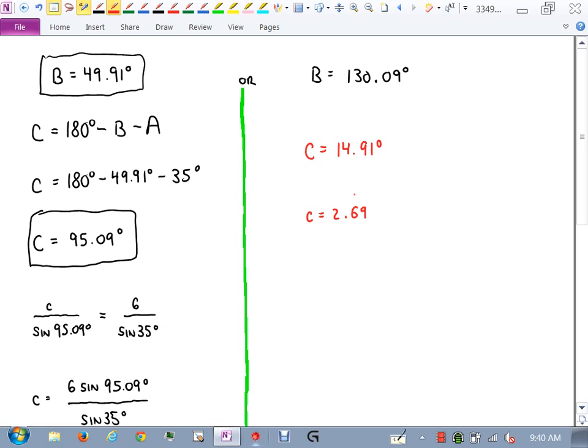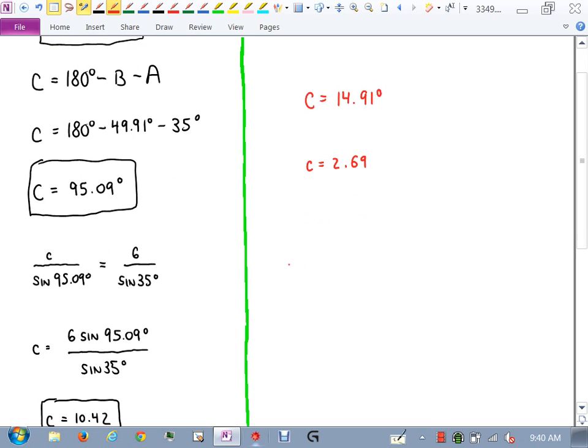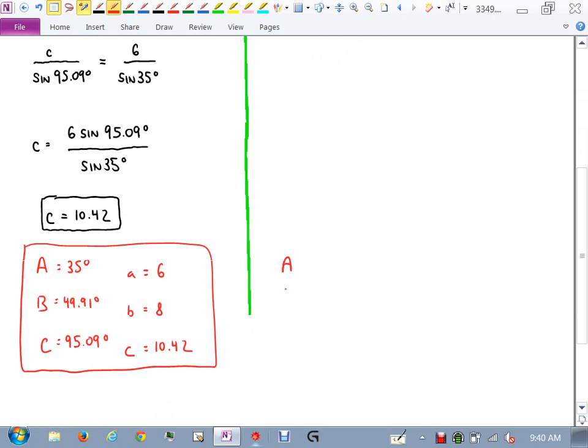All right. So if we summarize everything now, I'll bring it down here so we can compare them. Capital A, capital B, capital C: we have 35 this time, 130.09, and then 14.91.